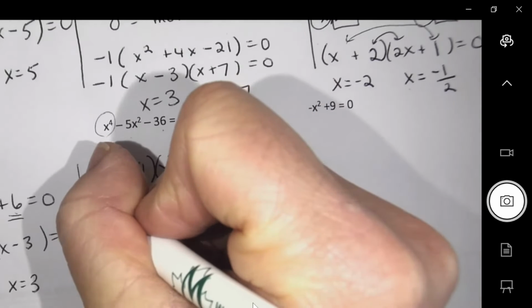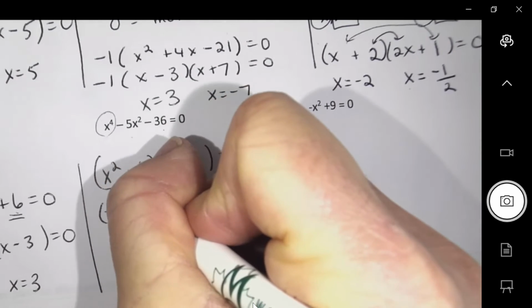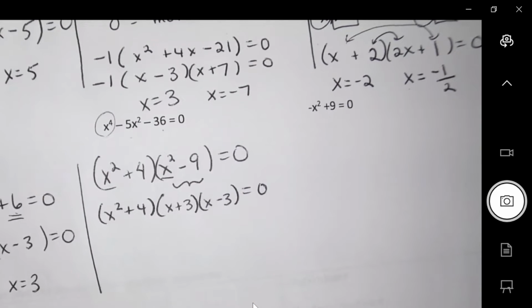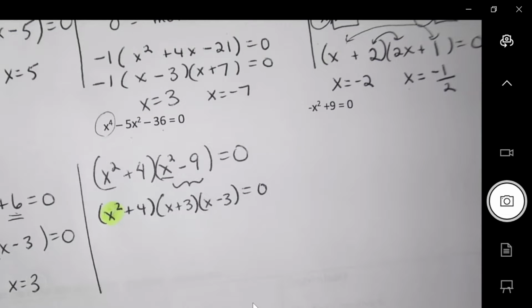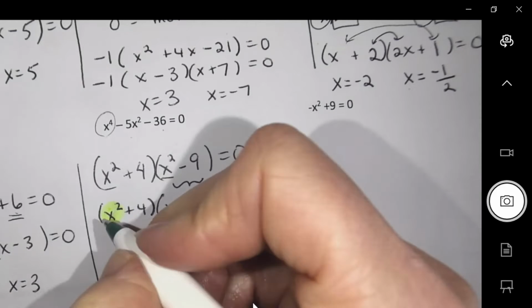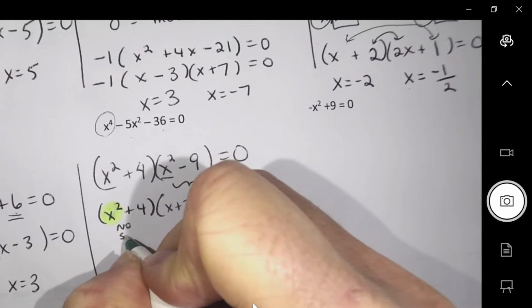And this does not factor, so I write it, but it will not factor. So again, here's the reasoning why it's not factoring. If I want the bracket to be 0, x squared would have to be negative 4. Is it possible in math to square something to be negative? No. Okay, I'm just going to write this.